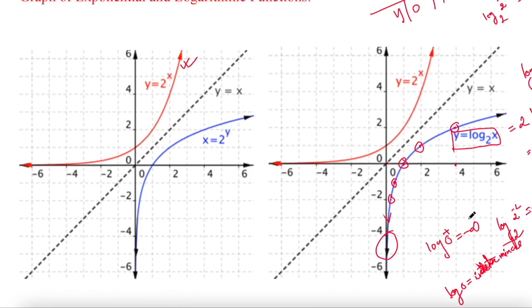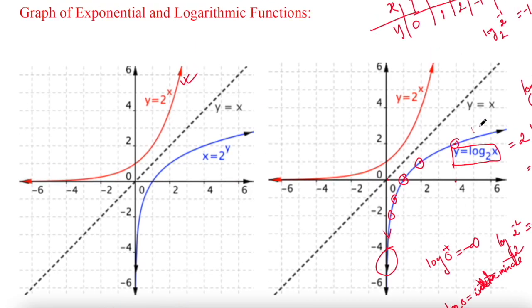So this blue line is the graph of y equal to log x to the base 2, and this red line is the graph of y equal to 2 to the power x.